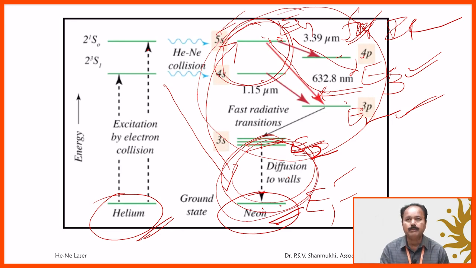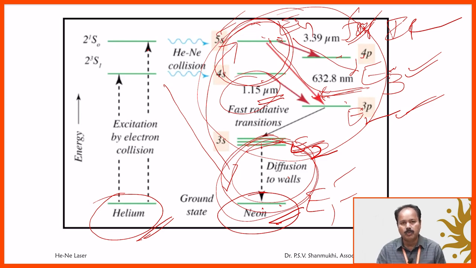Next, another transition is 11,500 angstroms, 1.15 micrometers, that also lies in the far infrared region. Only the visible light is 6328 angstroms, the red color light. Other light rays are invisible. They lie in the far infrared. Actually, only red color light is seen.